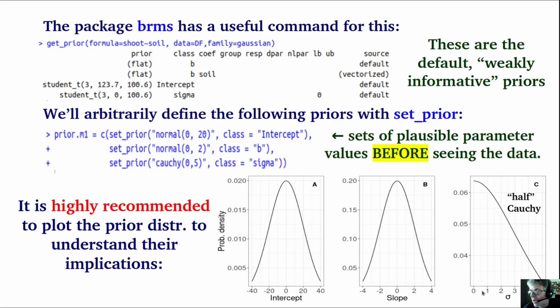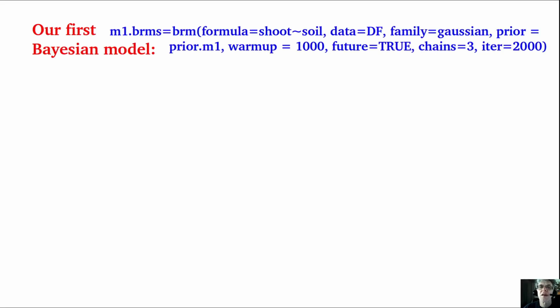This plot implies that we are expecting smallish values of the standard deviation to be far more likely than high values of the standard deviation. Okay? So for our first Bayesian model, we used the command brm. This is the formula written in the same way as we did for the frequentist model.